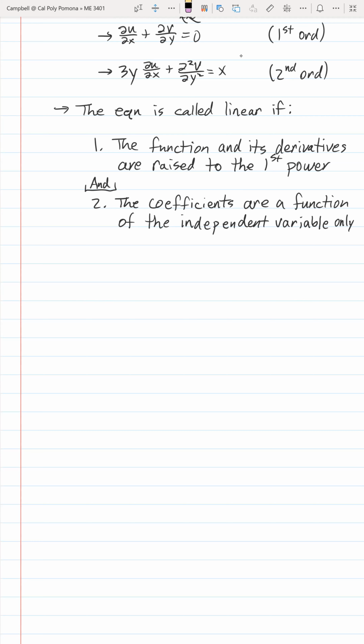Now, what that means is that these particular equations have a specific form.